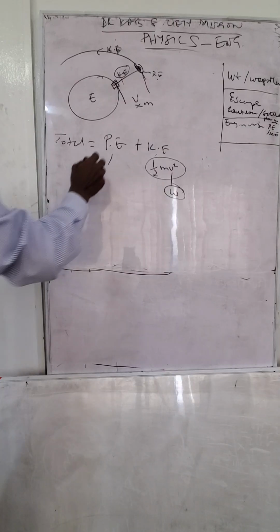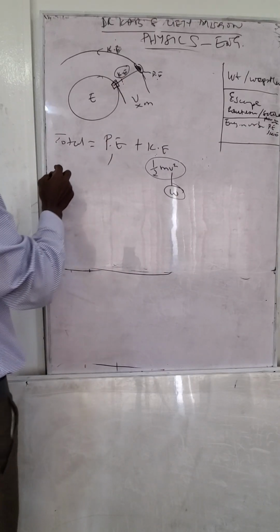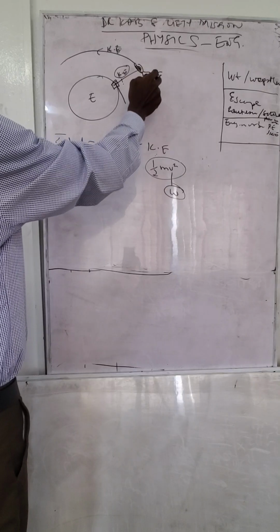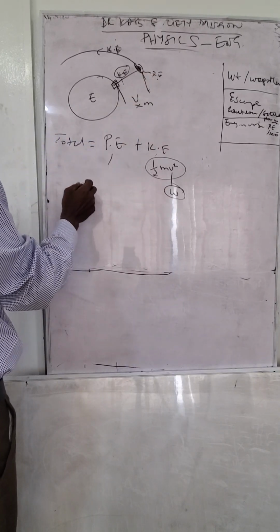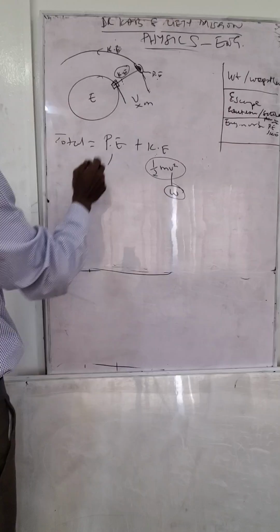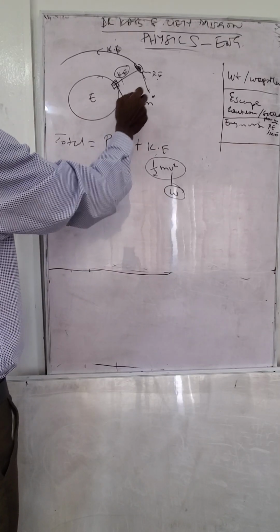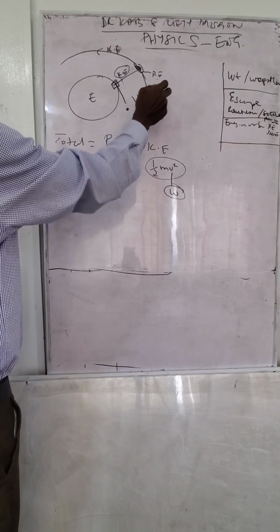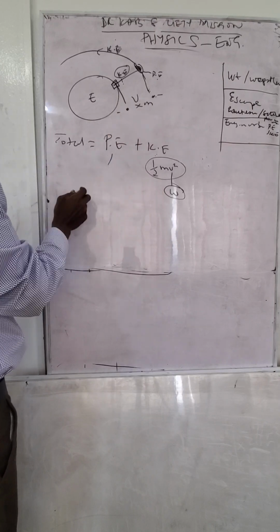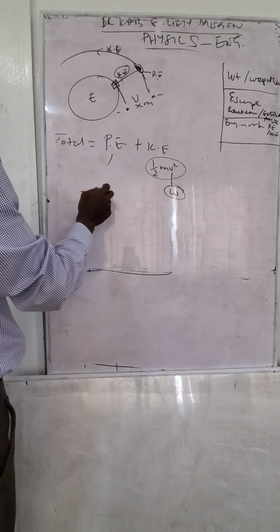Okay, so let's see. The potential energy here will be the difference: here minus that, this negative, this more negative.